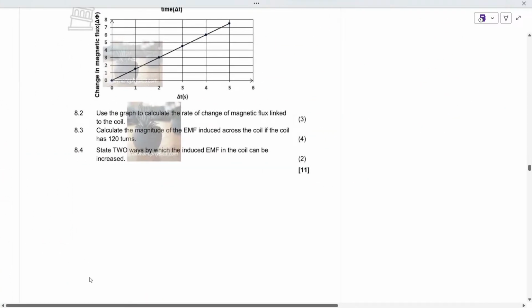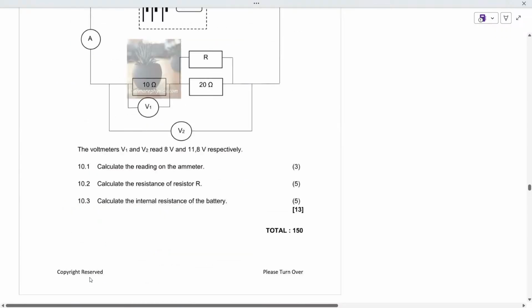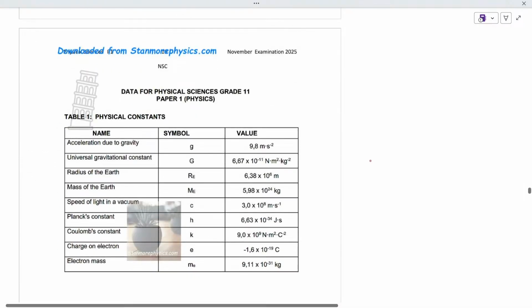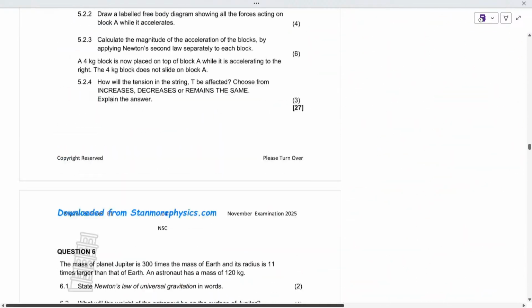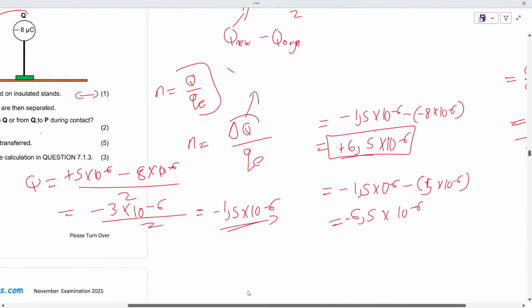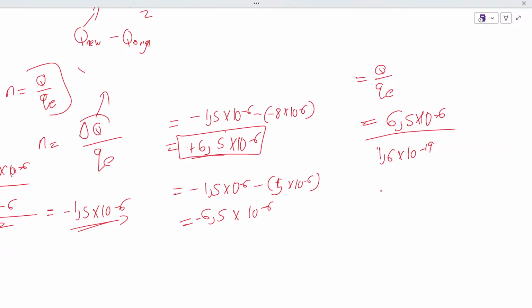Yes, 1.6 times 10 to the power negative 19. Here they put it as negative, but we are looking at the number of electrons, which doesn't need a negative or positive sign. So you just substitute this. How much do you get for the number of electrons?